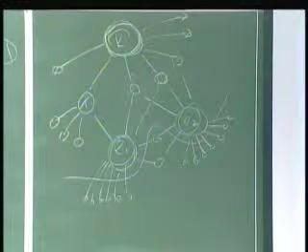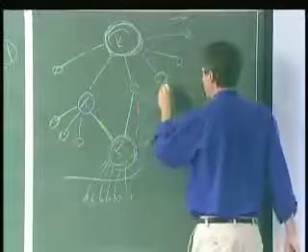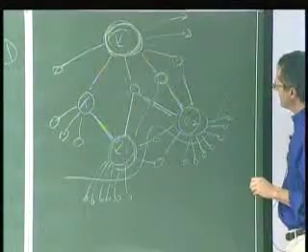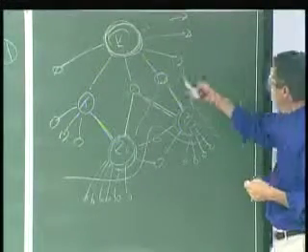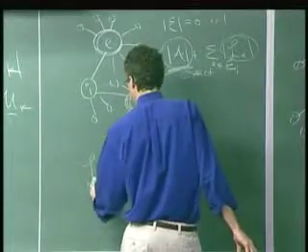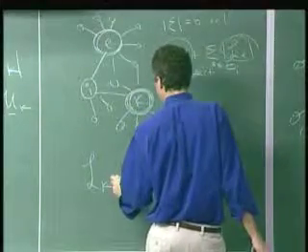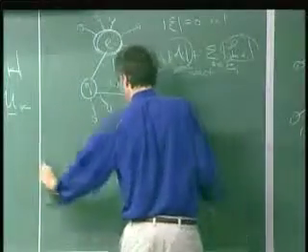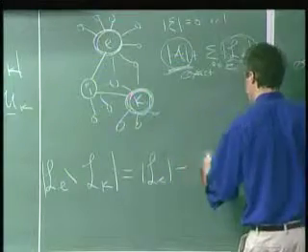The observation though is that I'm going to be visiting all of these edges anyway. And what I'd really like to know is the intersection of, let's see, I have LK, and the size of the set difference, LE minus LK, is simply the size of LE minus the size of the set intersection.